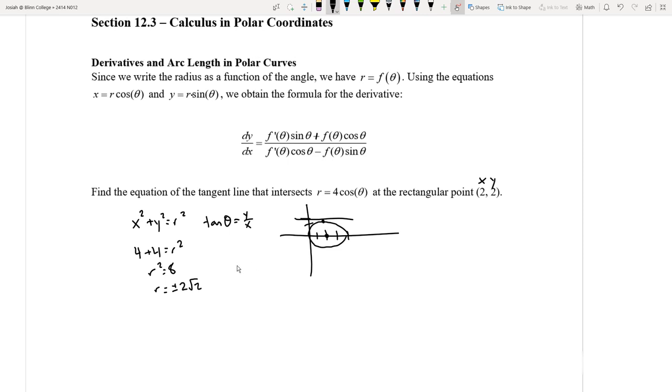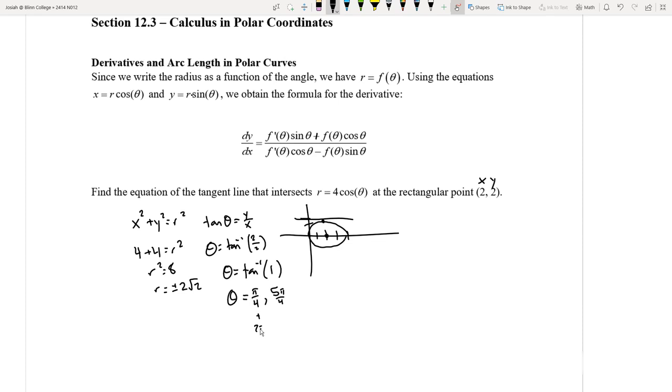And then for our theta, that's inverse tangent of y over x, which is 2 over 2. So inverse tangent of 1. And so we'll get pi fourths and all of its relations, right? We have the third quadrant addition, which would be 5 pi fourths.